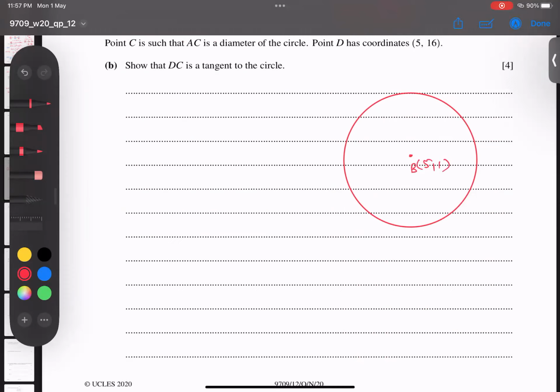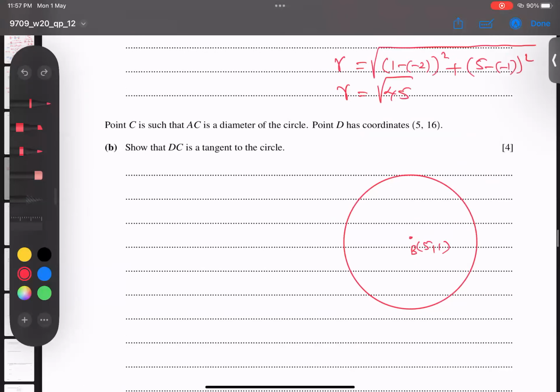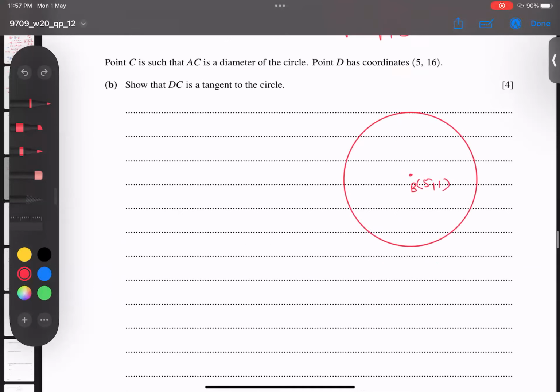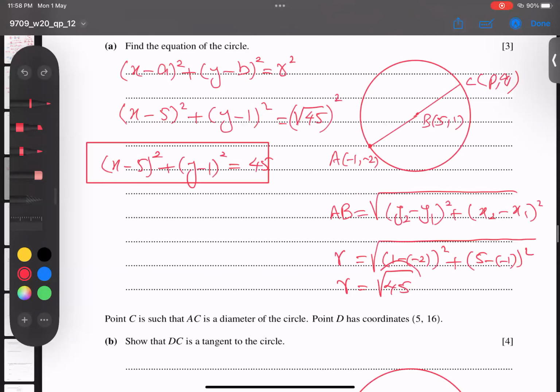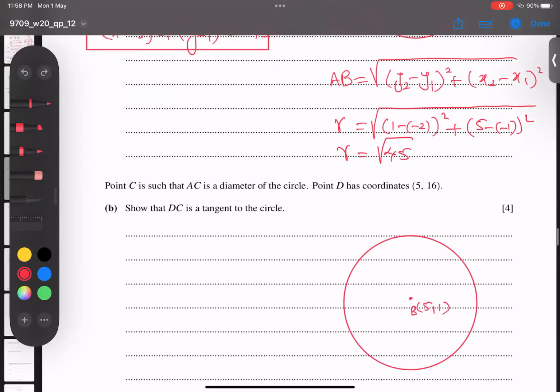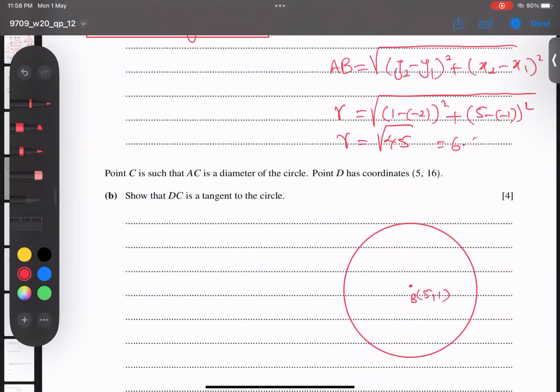Okay, so if I join 5, 1, naturally this is x value 5 and y is 1. What is the radius? Something like 6.7 is the radius. Okay, so if you check it, this radius is approximately 6.7.